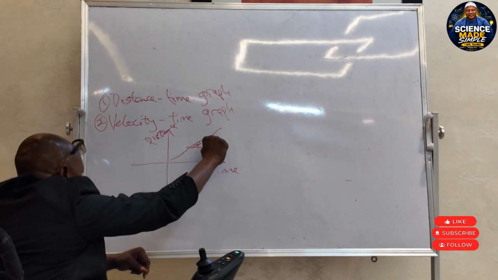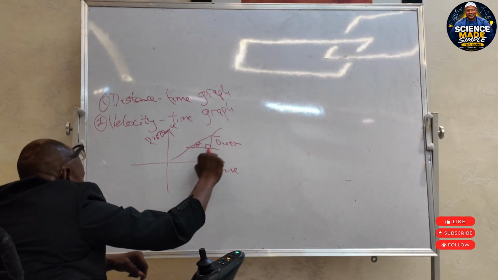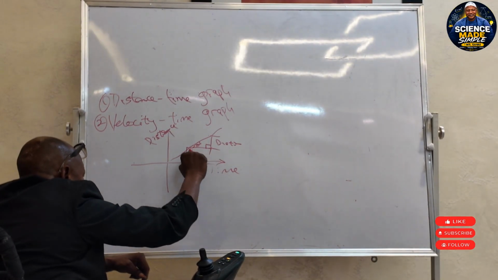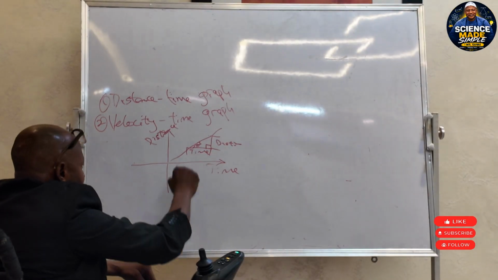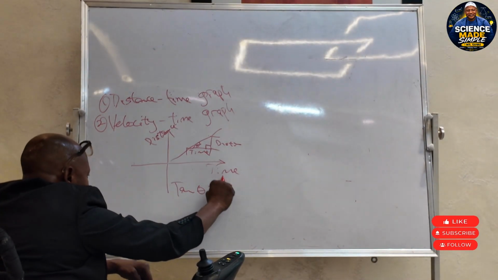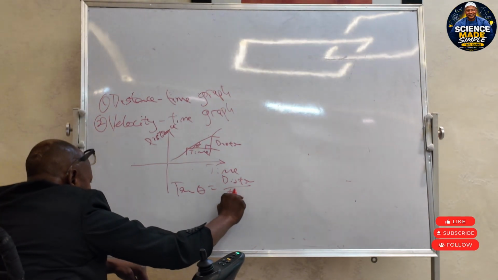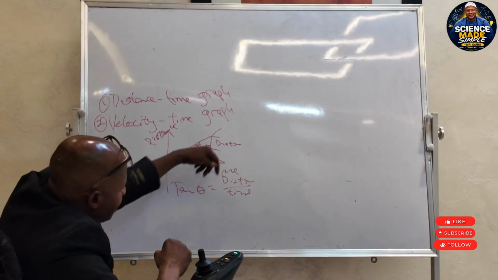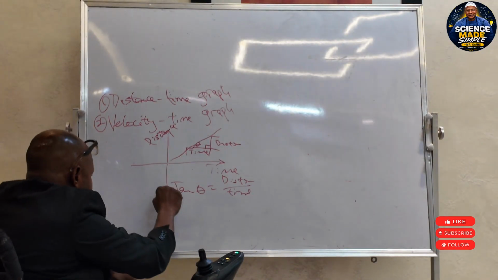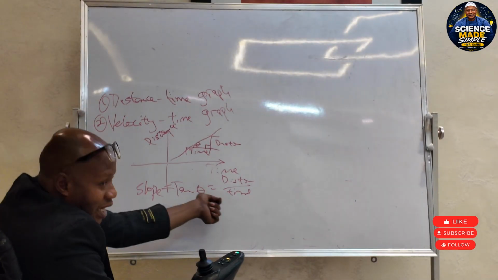The value from here to here is distance, and the value from here to here is time. Tan theta is equal to distance over time. That is the slope of the graph.